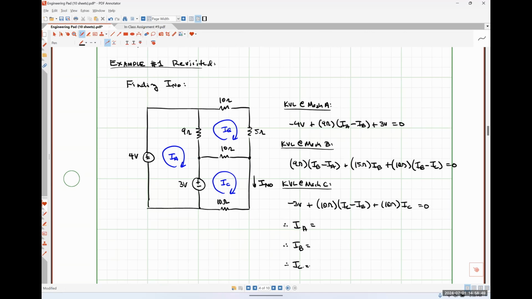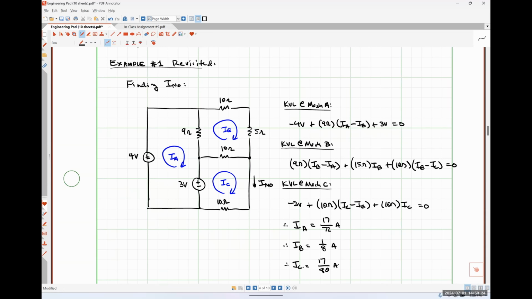In my third equation, my coefficient for IA is 0. My coefficient for IB is -10, and my coefficient for IC is 10 plus 10, and my constant term is +3. When I solve this system, I get IA is 17 over 72, IB is 1/8, and IC is 17 over 80.